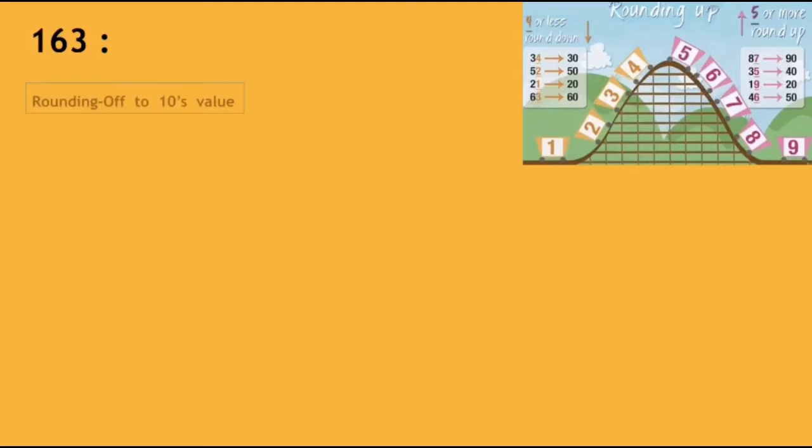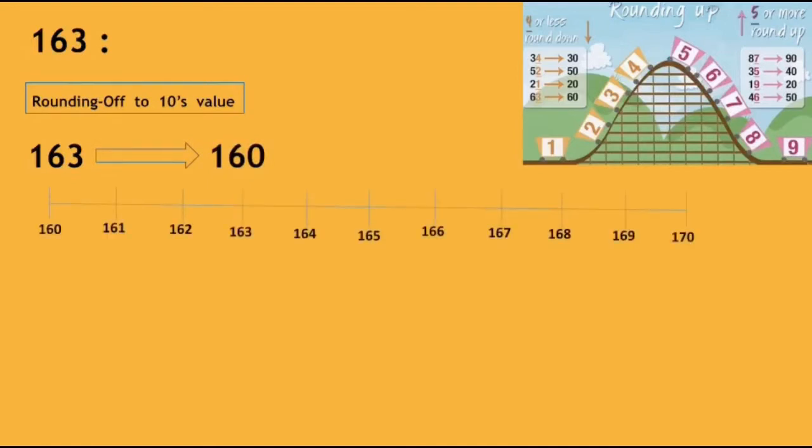Students, here we are rounding 163 to the nearest tens value. Write 163 on the number line. 163 will be placed between 160 and 170. The middle number is 165.